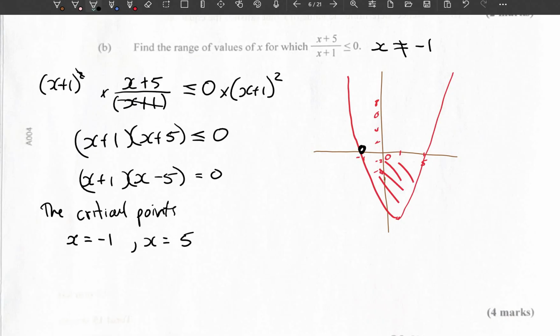So x has to be greater than -1, and less than or equal to 5.